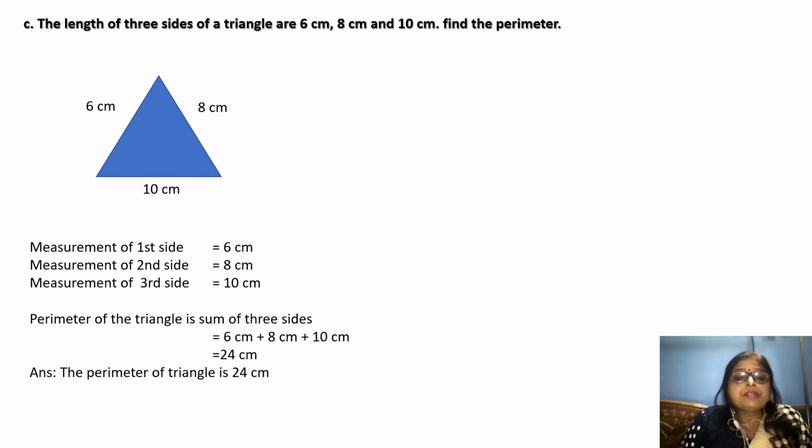So perimeter of a triangle is the sum of three sides, that is 6 centimeter plus 8 centimeter plus 10 centimeter, that is equal to 24 centimeter. So in answers column you can write the perimeter of a triangle is 24 centimeter.